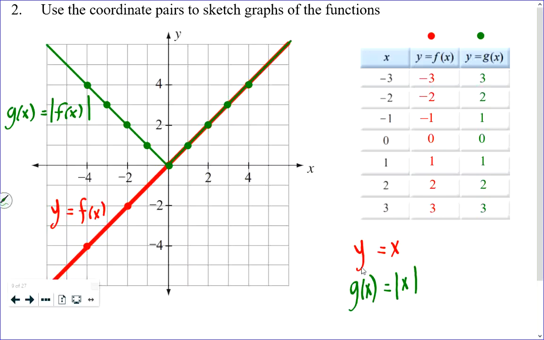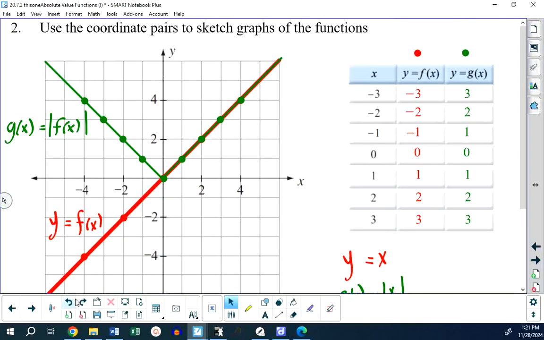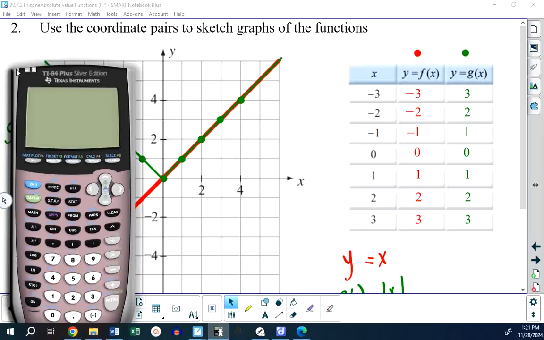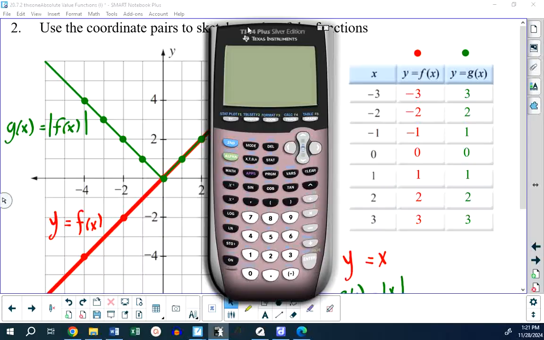Okay. So, by the way, we could graph these on our graphing calculator. Go ahead and go to your y equals and enter y equals x, and then y equals the absolute value of x. I showed you yesterday how to access the absolute value function on your calculator.